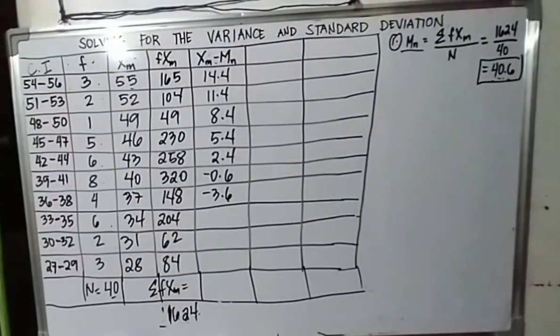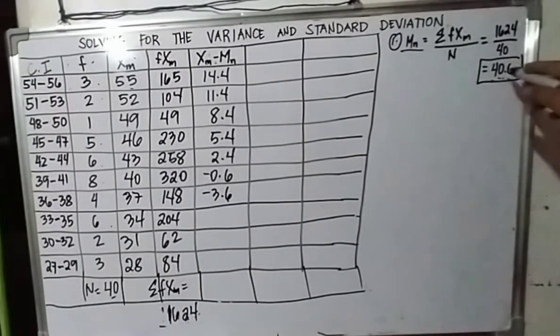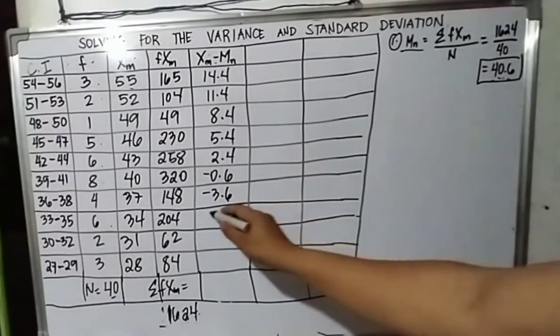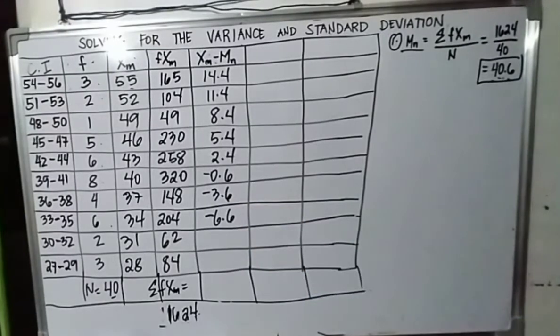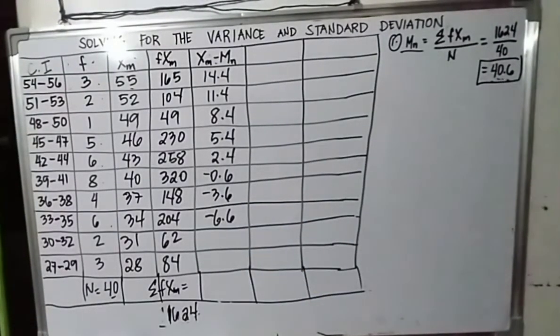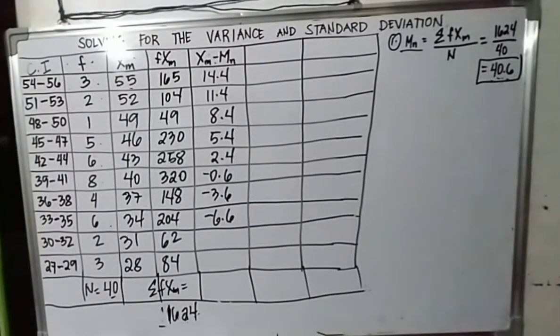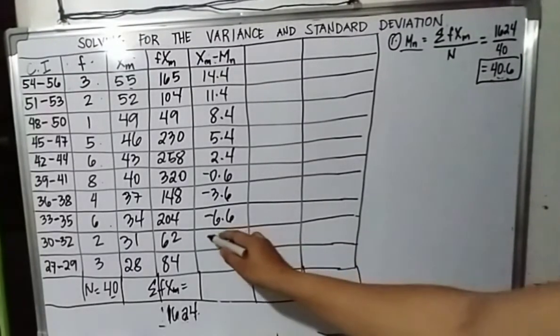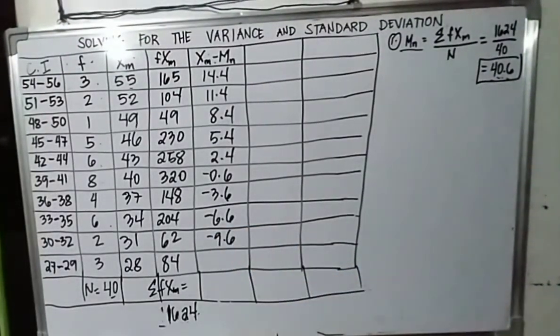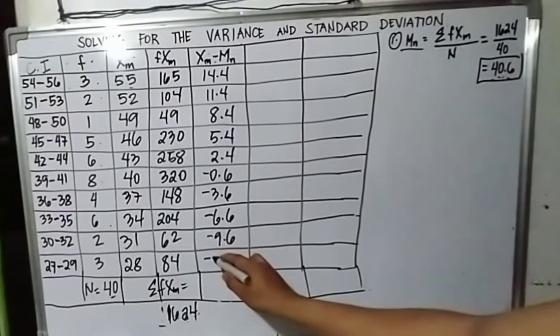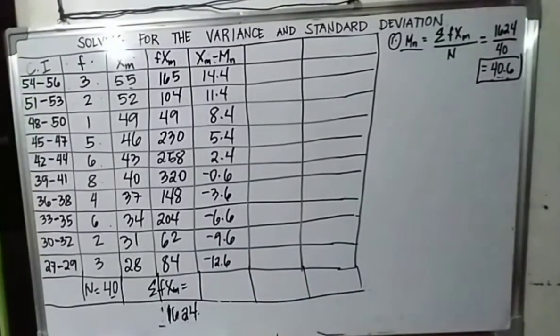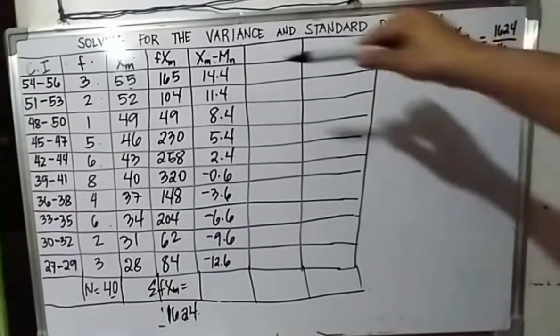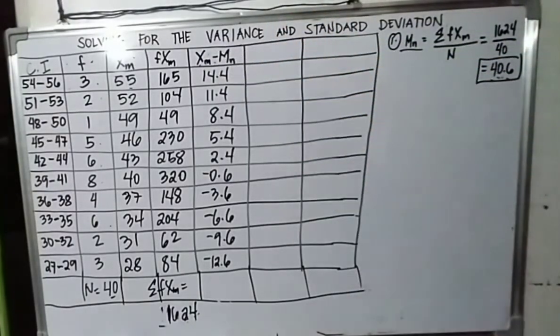Then 34 minus 40.6, the result is negative 6.6. Then 31 minus 40.6, the result is negative 9.6. Next, last, 28 minus 40.6, the result is negative 12.6. Tandaan nyo lang itong formula, x sub m minus the value of the mean.